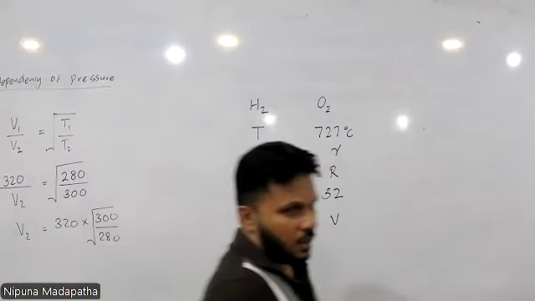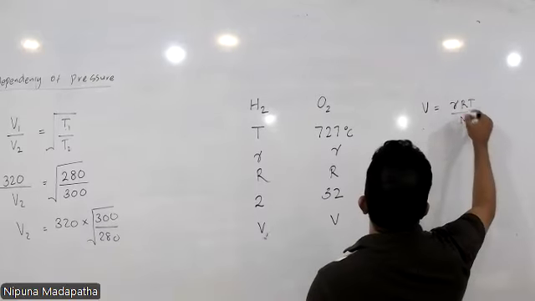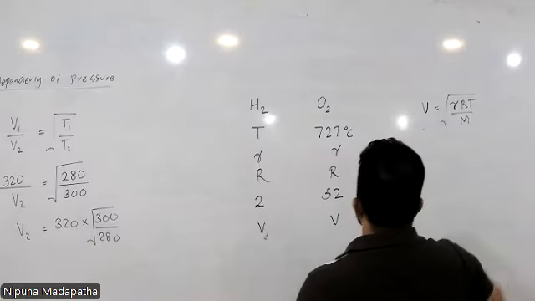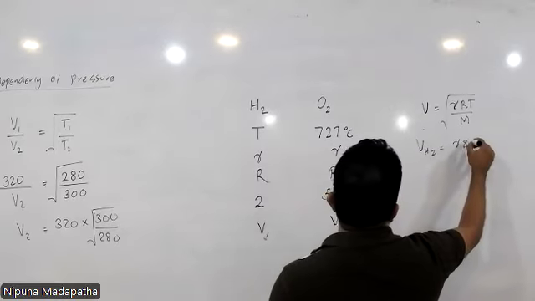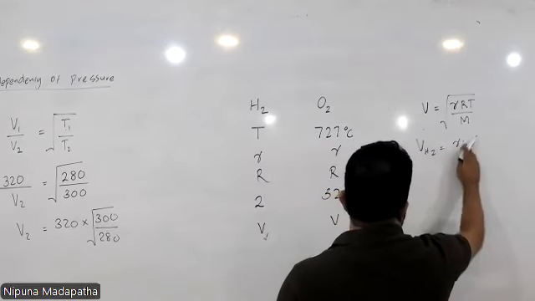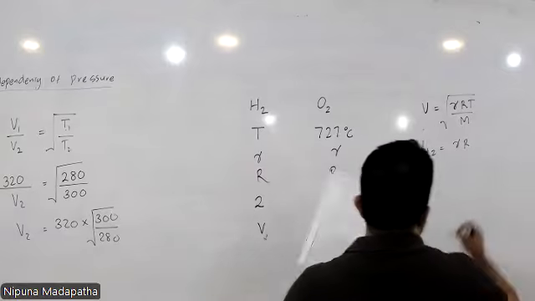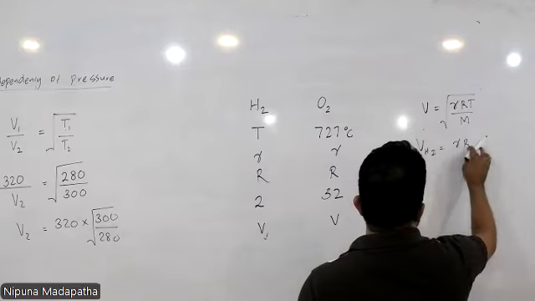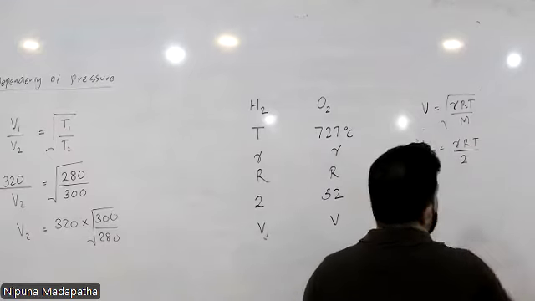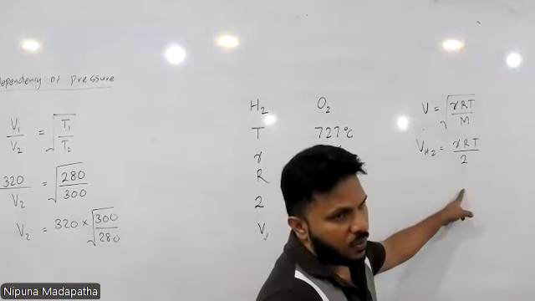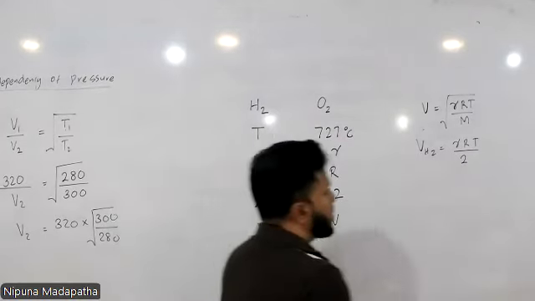So the expression is V equals square root of gamma RT over M. So VH2 is square root of gamma R, with temperature T needed to be found, over the molar mass of hydrogen. Here there is no need to convert to kilograms. We can write both molar masses in grams per mole.